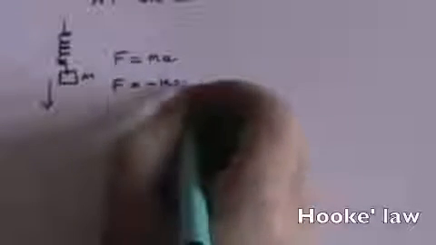Let us consider a spring with a mass m on the end. If the spring is initially at rest, and we displace the mass by a small amount and then release it, the spring will oscillate. The restoring force is given by Newton's second law, F equals ma. But Hooke's law also tells us that F equals minus kx, where k is the spring constant and x is the displacement from the mid position.